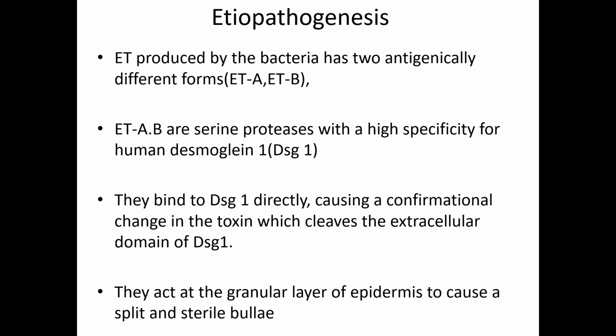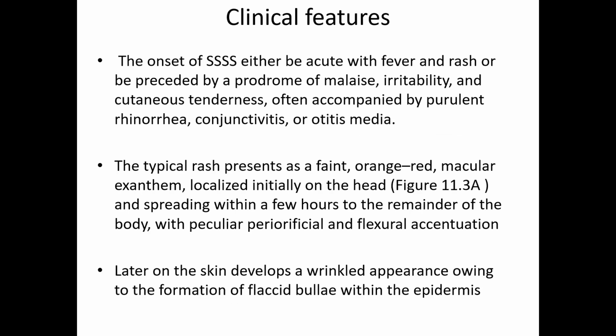They act on the granular layer of the epidermis to cause a split and sterile bulla. So clinical features: the onset is either acute with fever and rashes, or preceded by a prodrome of malaise, irritability, and cutaneous tenderness, often accompanied by rhinorrhea, conjunctivitis and otitis media.